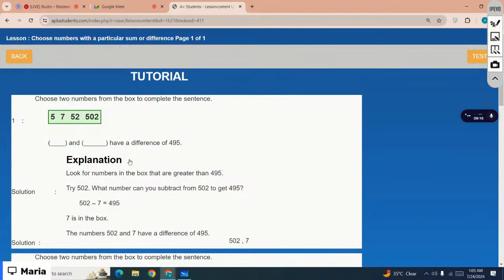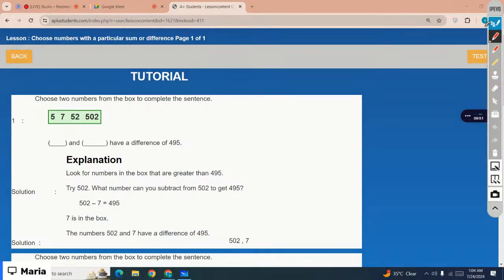Okay, choose two numbers from the box to complete the sentence. So you have to select two numbers that have a difference of 495, right? That means you need to select two numbers from the box that when subtracted have the difference 495. The numbers given are 5, 752 and 502. The first is 502.